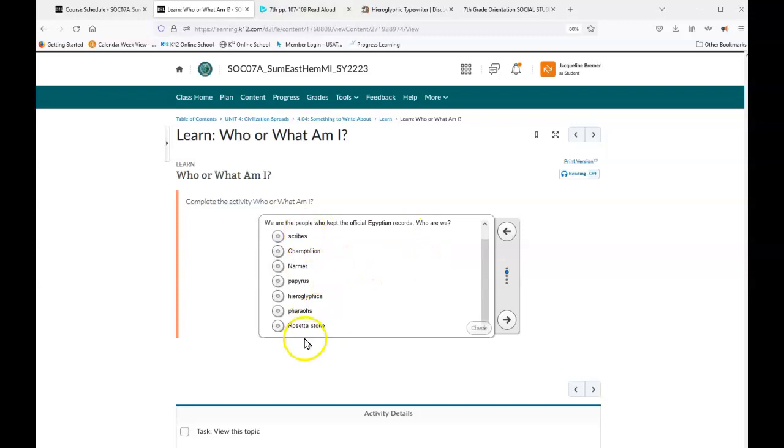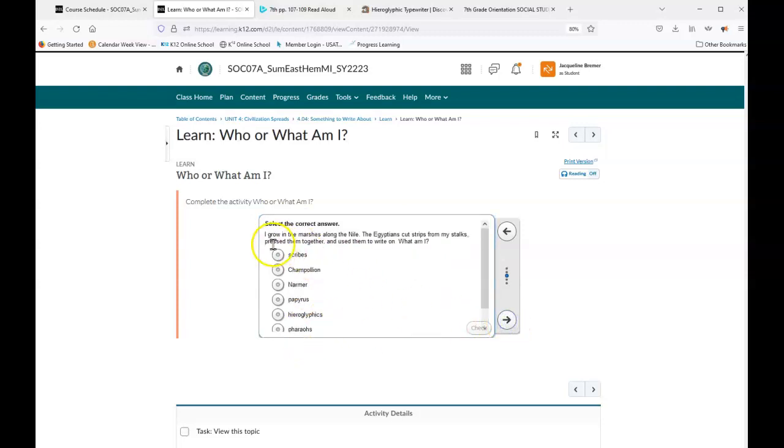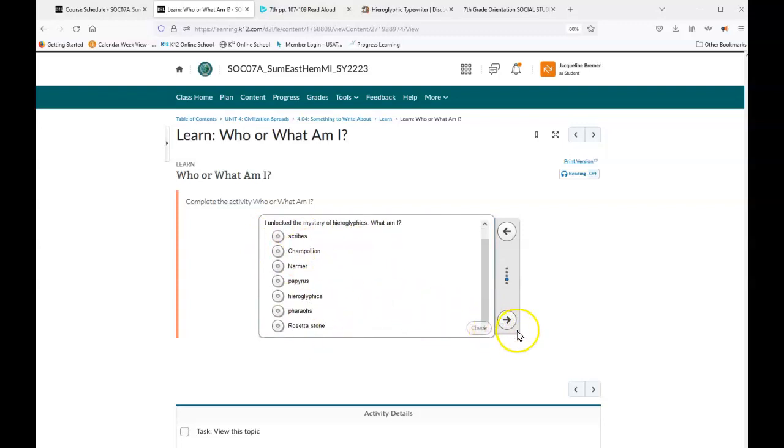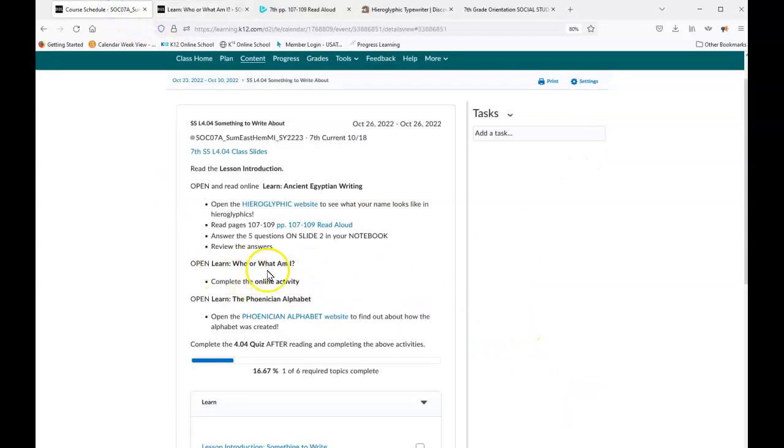Who are we? I grow in marshes along the Nile. What is that? I unlock the mysteries of hieroglyphics. What am I? And I deciphered the hieroglyphics of ancient Egypt. Who am I? Go through that and check your answers.